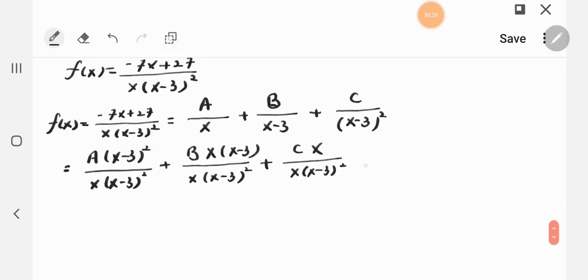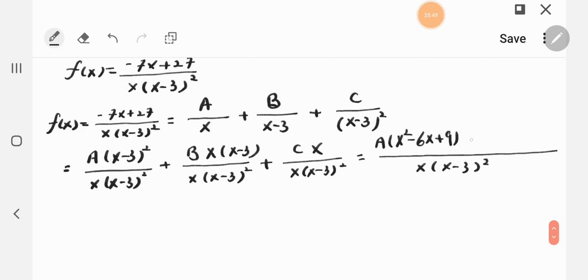Okay, then this is equal to, let me write on the right hand side. So denominator is x times x minus 3 squared. And then, okay, combine the numerators. So the numerator is a times x squared minus 6x plus 9 plus bx squared minus 3bx plus cx.